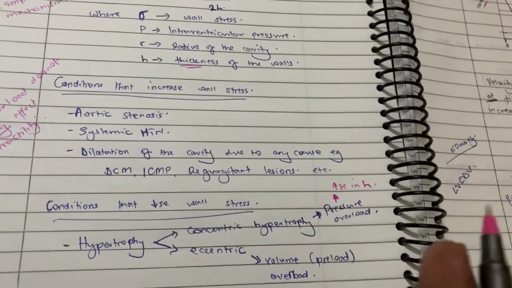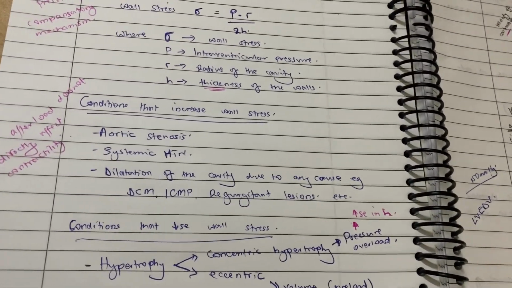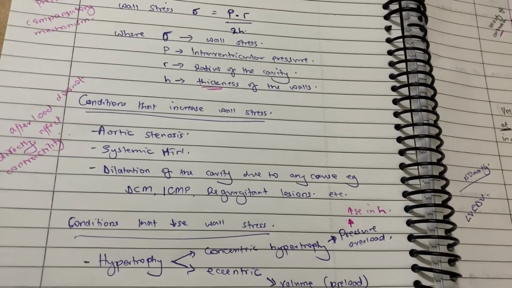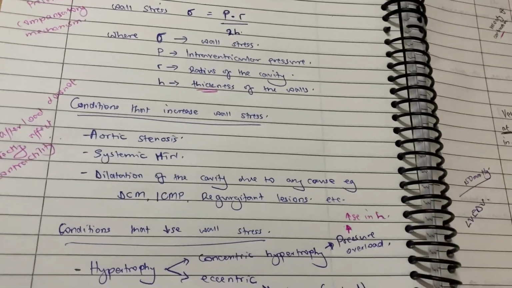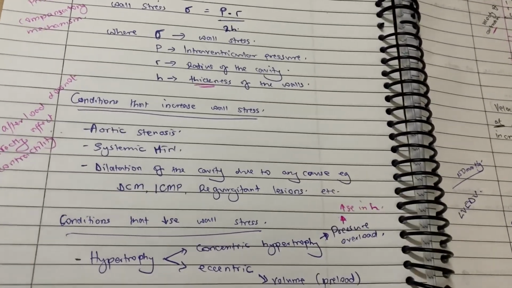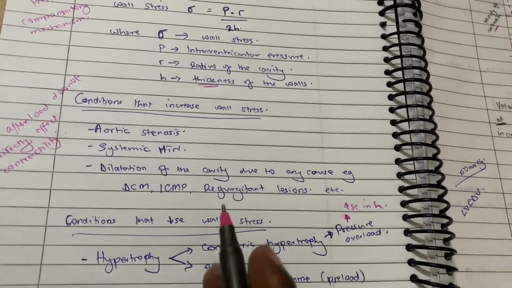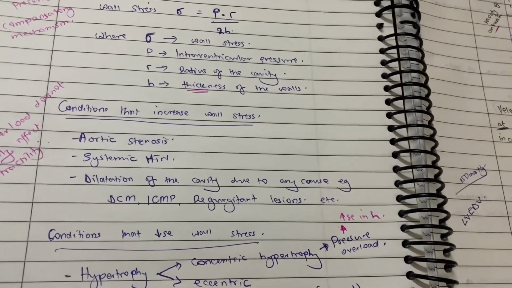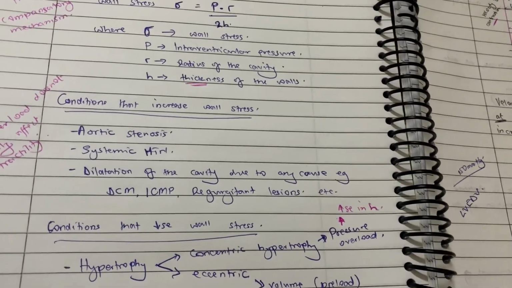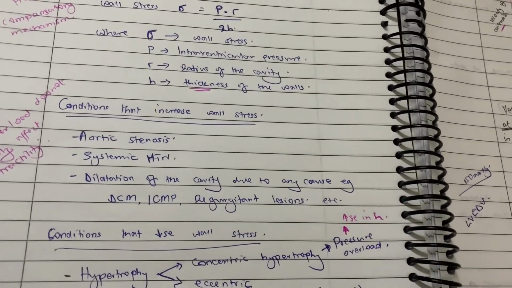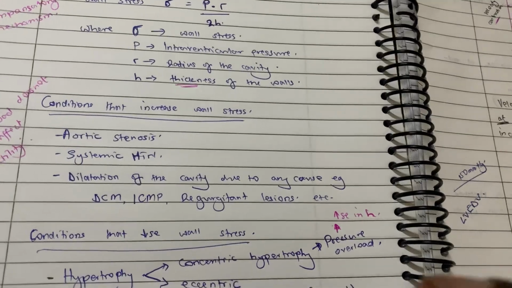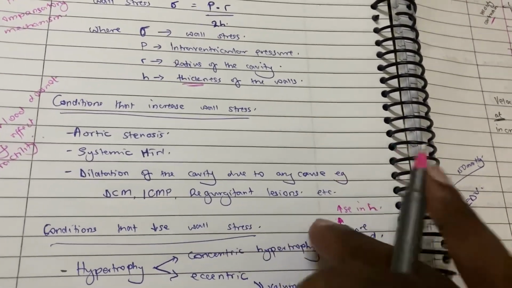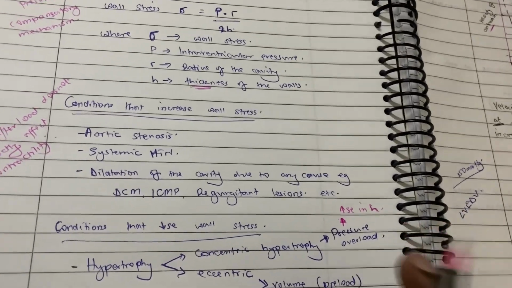It's the same here. If the muscle hypertrophies, the force required to eject blood is generated by a large muscle, so that muscle won't get tired. But if the wall is thin, the force required will be high and generated by a small, thin wall, so it will get tired so fast. The heart will fade so fast.